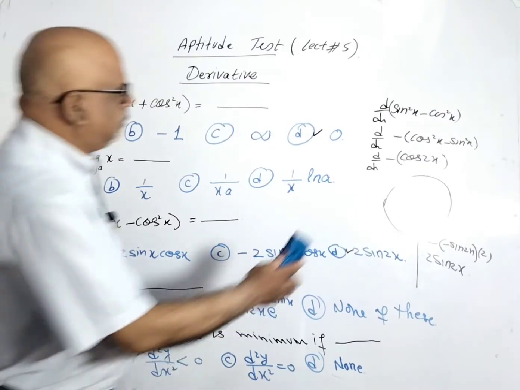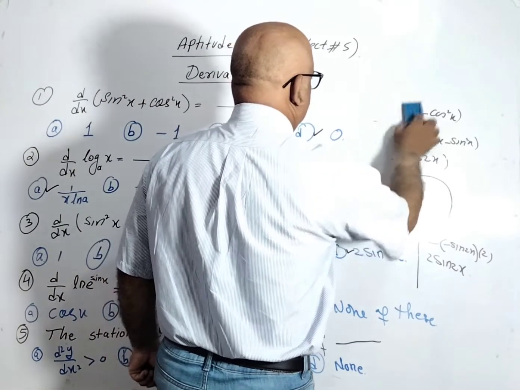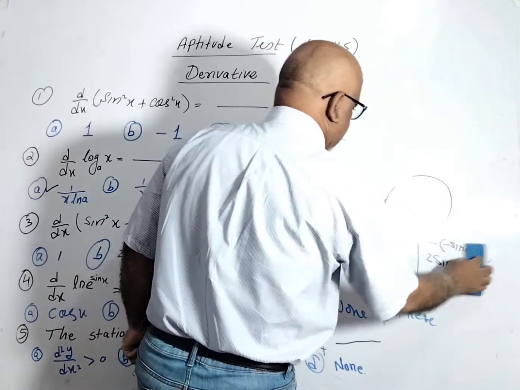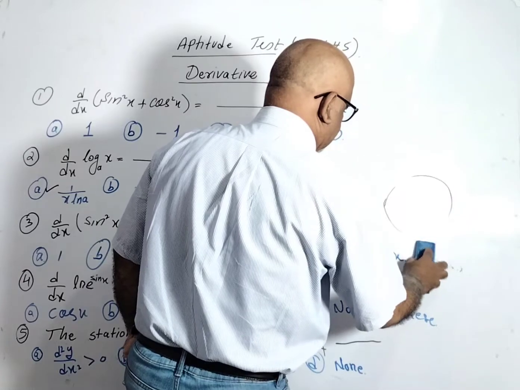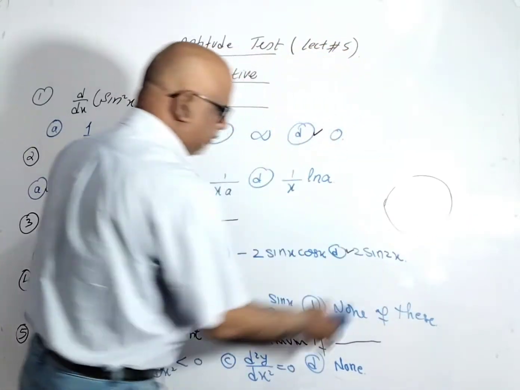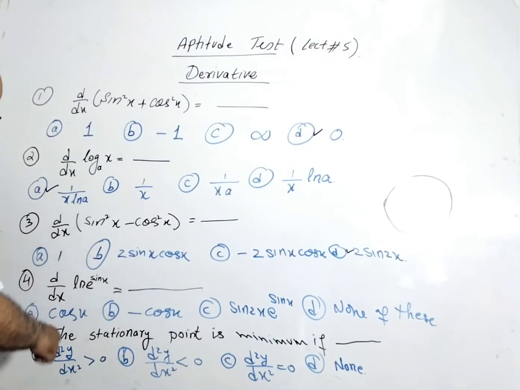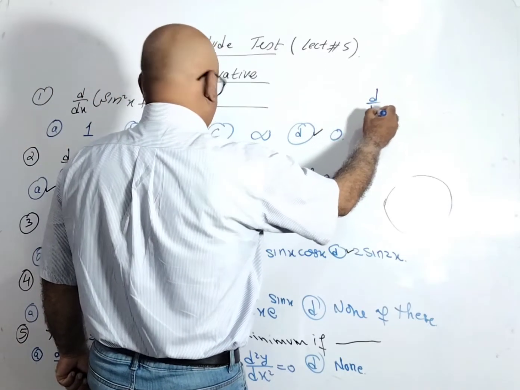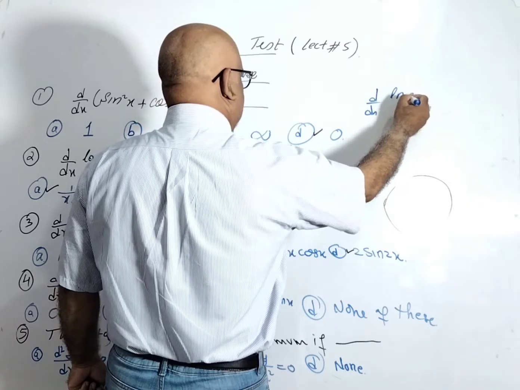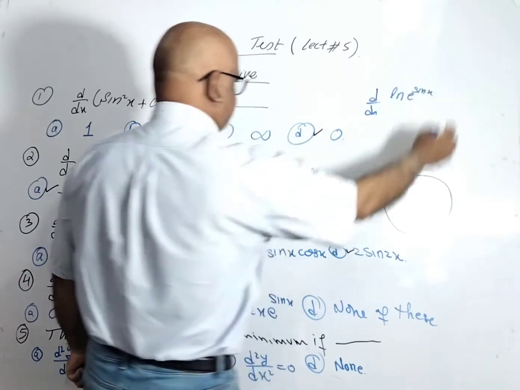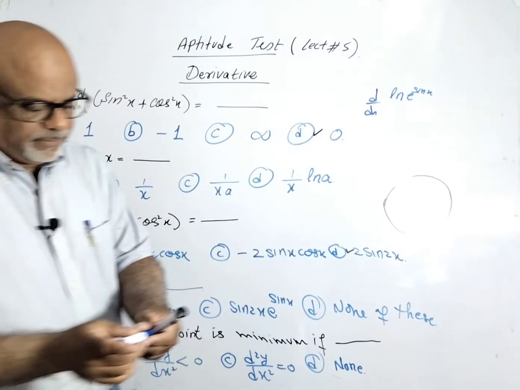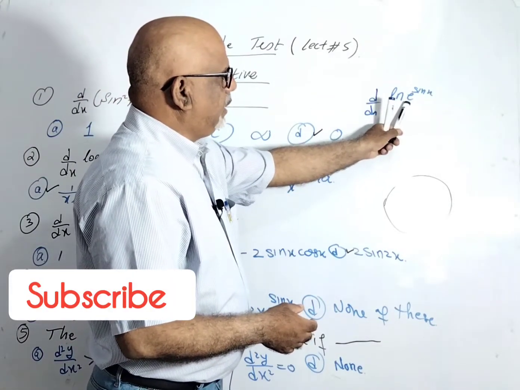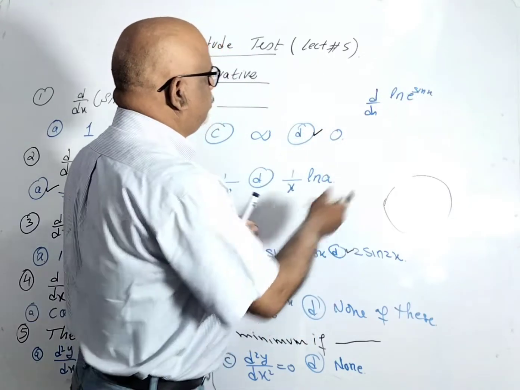Now we have to discuss a very important MCQ again here. That is the derivative of ln e to the power sin x. And we have the property here, if we have ln of e to the power x, then the power becomes the coefficient of ln.